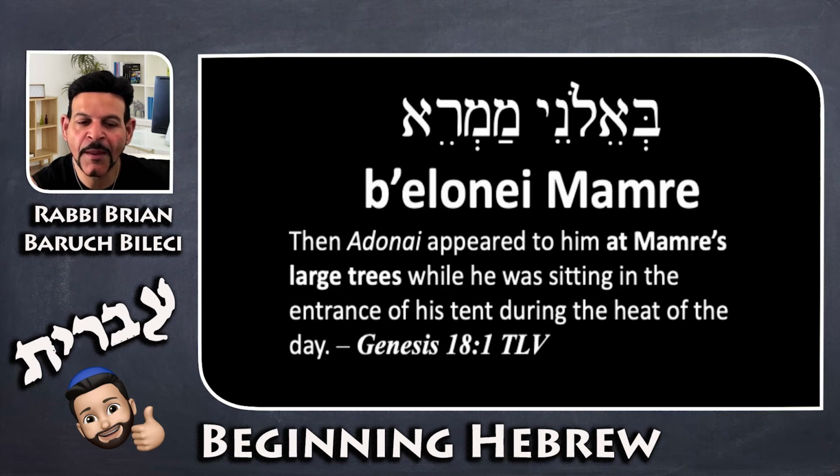The next line would say Belone Mamre. Try that. Belone Mamre. Now, Belone has a prefix, beit, in front to mean in or at. A perfect example is Bereshit, which means in the beginning or at first. We have here Belone, at the trees of Mamre.